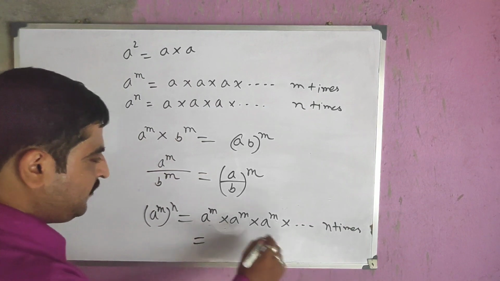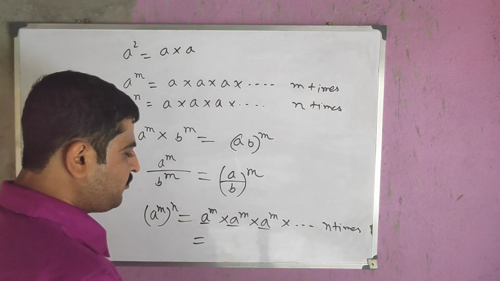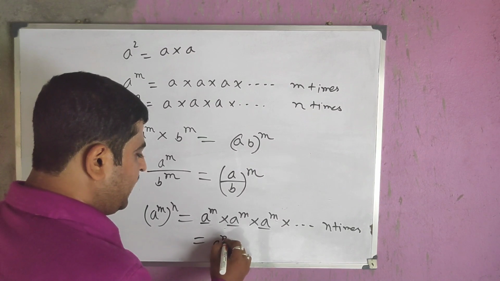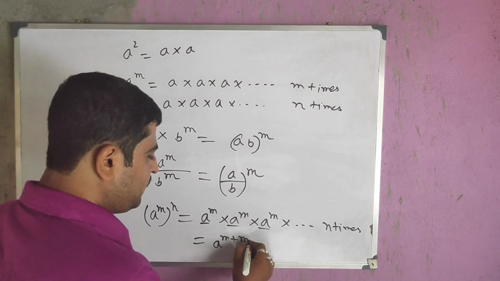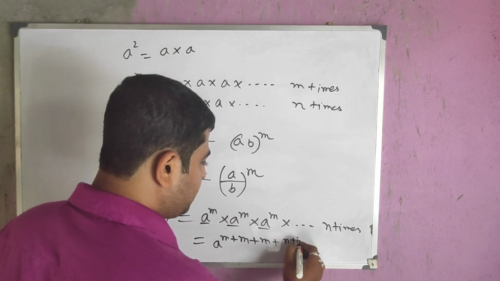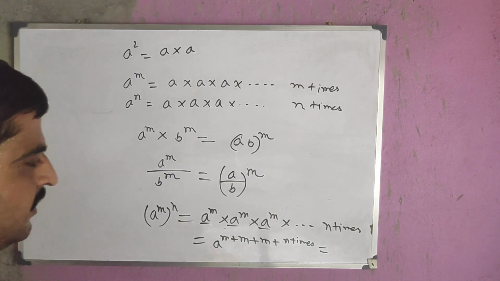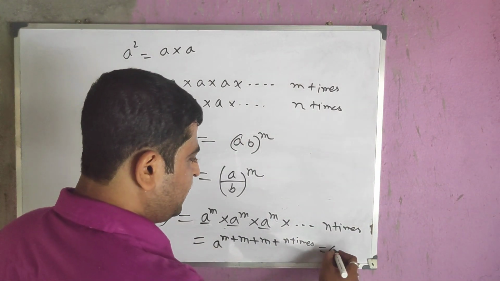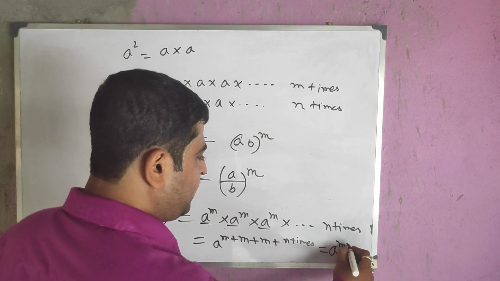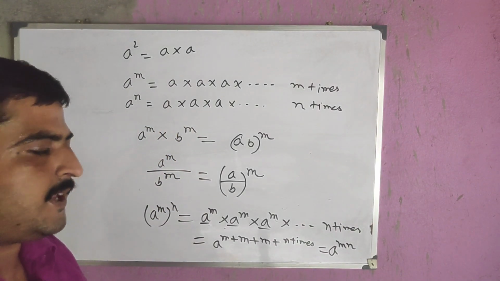As you are multiplying a to the power m, in the case of multiplication, as the bases are equal, we can add the powers. How many times do we have to add? n times. So if you add the same thing n times, it will give us a to the power mn. When we are adding the same thing many times, we multiply.